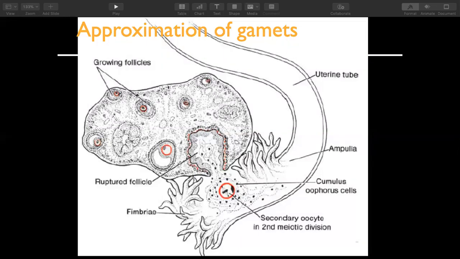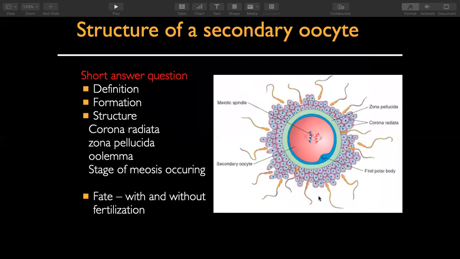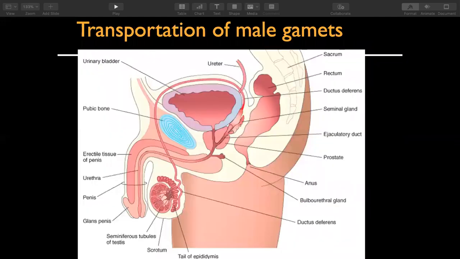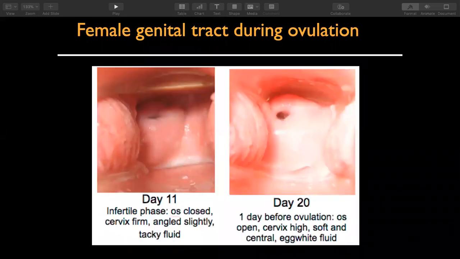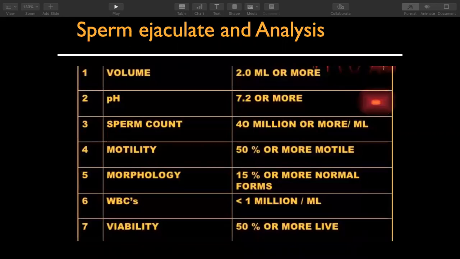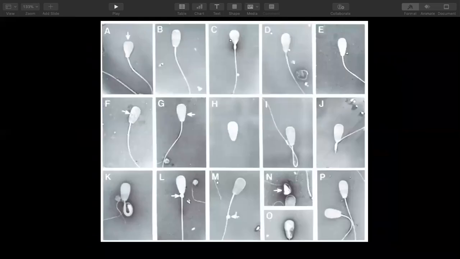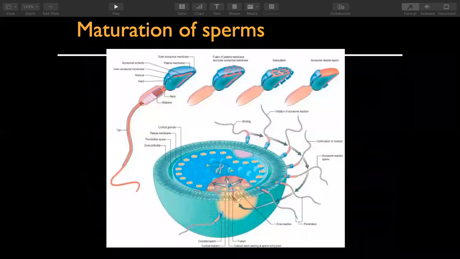So approximation of the gametes. Then we studied the structure of the secondary oocyte, how the transportation of male gametes takes place in the reproductive tract, what kind of changes happen in the female genital tract during ovulation, and the sperm count and analysis.